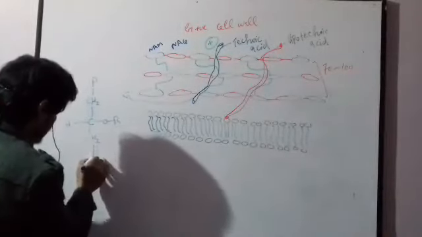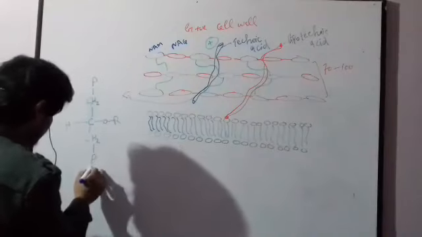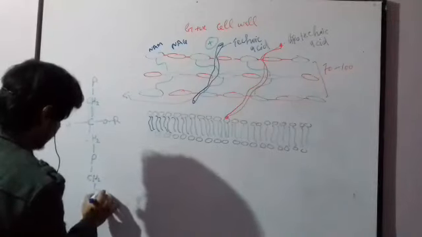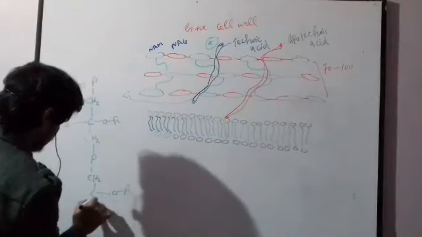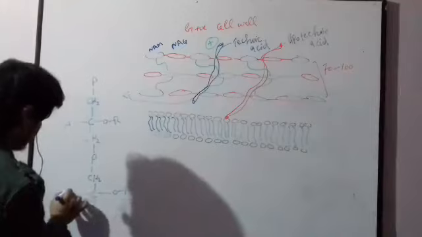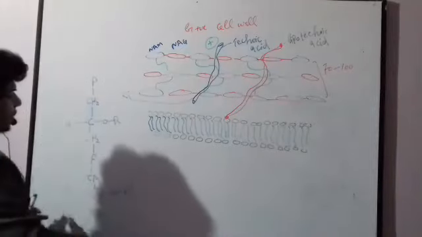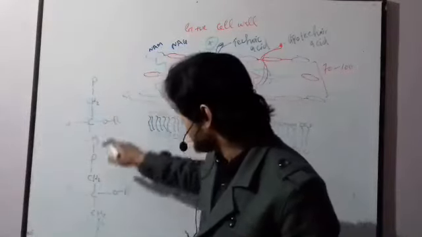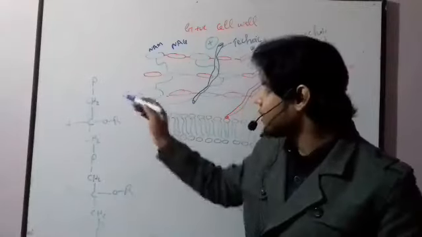It will look like a phosphate group and then glycerol, and then again a phosphate group, then CH2 and carbon, an alkyl group, again CH2, again a phosphate group. So teichoic acid consists of phosphate groups.